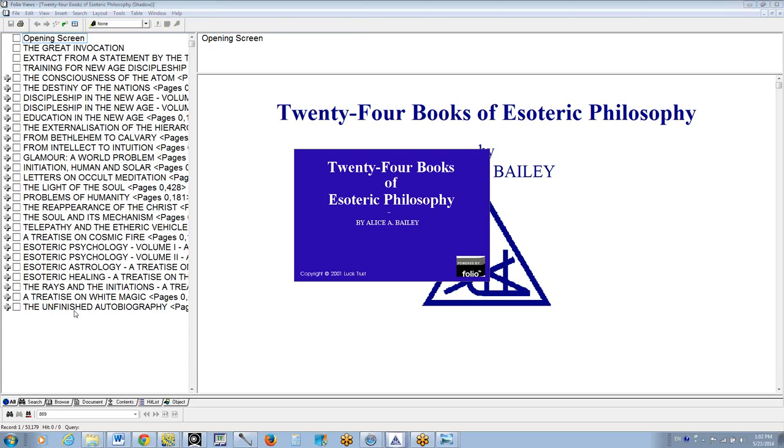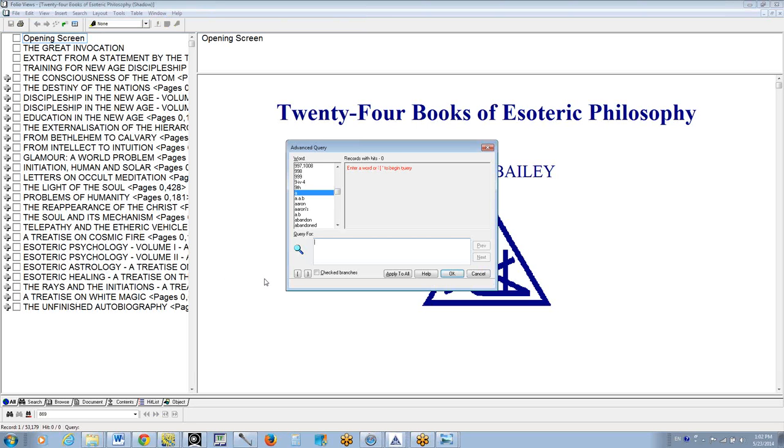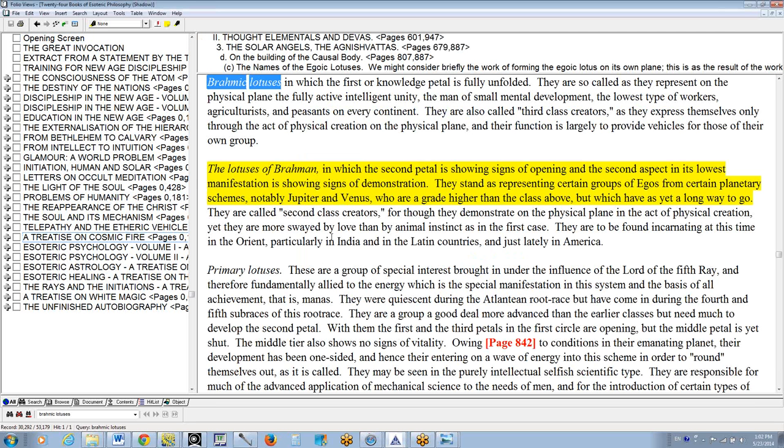If I can't remember it after all these years, then maybe you will not be hurt by a repetition. And the Brahmic lotuses in which the first or knowledge petal is fully unfolded. Now, if that's the case, they're definitely working. So, could these be Brahmic lotuses? Yes, they could be.